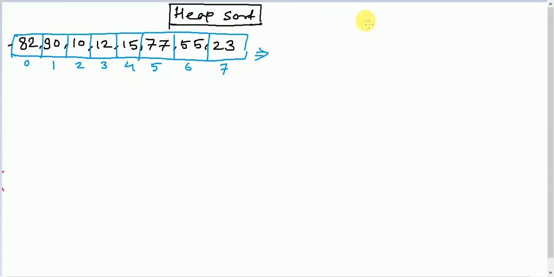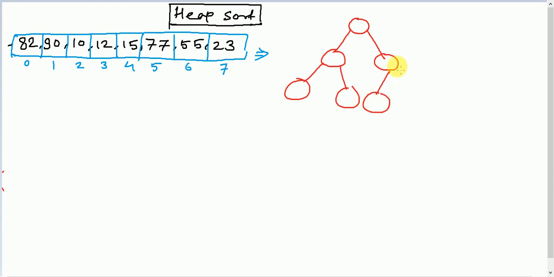I'll give them numbering 0, 1, 2, 3, 4, 5, 6 and 7, starting with 0.